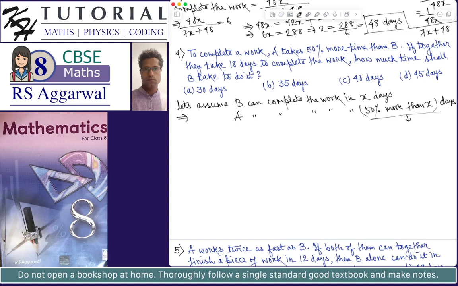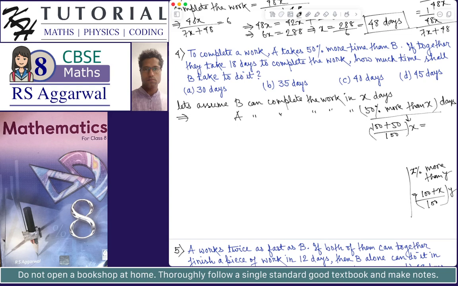I hope you know that, as a side note, X percent more than Y is equal to 100 plus X divided by 100 multiplied by Y. So 50% more than X will be 100 plus 50 divided by 100 times X, which is equal to 150 by 100 into X, so 150X by 100.